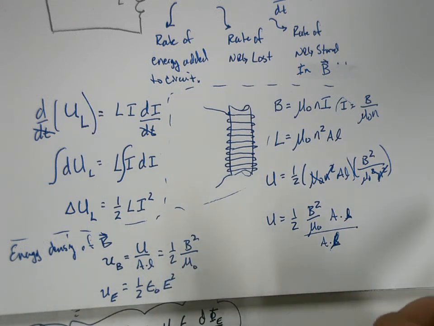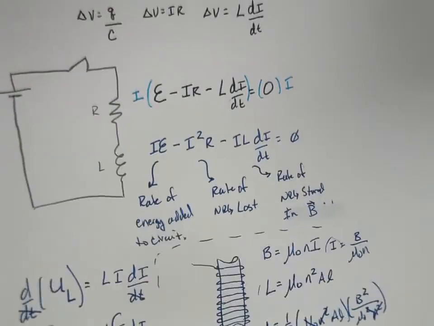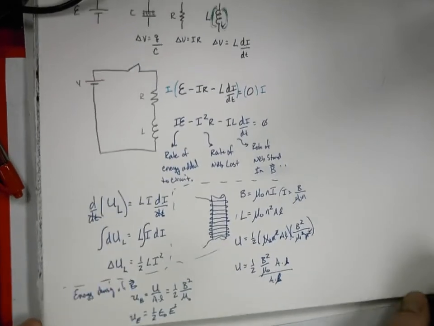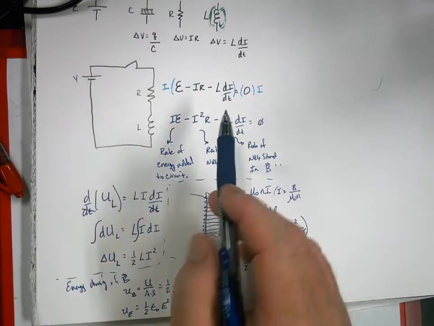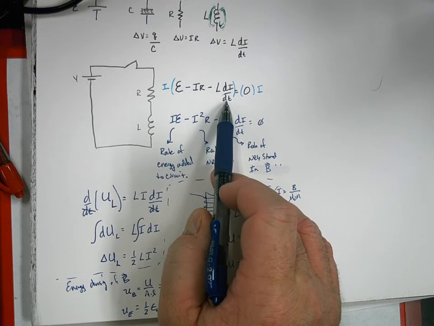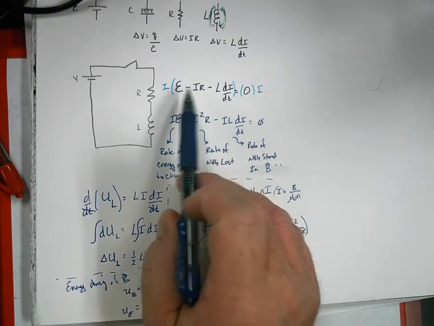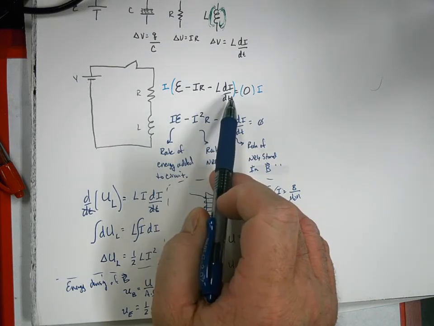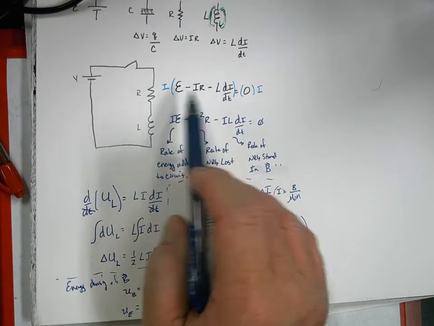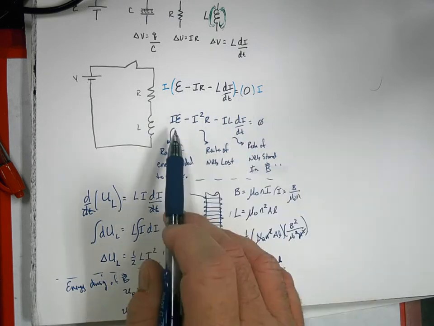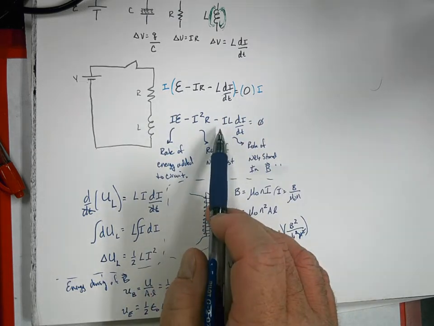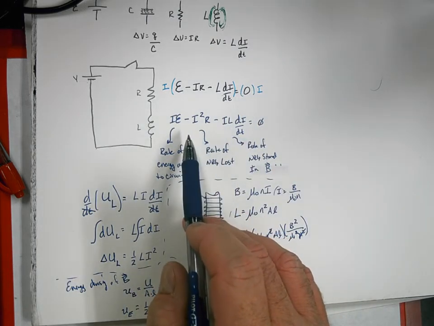All right, so let's take a look at this again. Where this winds up is we have our circuit here, and as we go around the loop, we have our voltage. Either we're increasing voltage or we're decreasing voltage. But if we multiply by the current, then now all of a sudden we're talking about the rate of energy distribution.